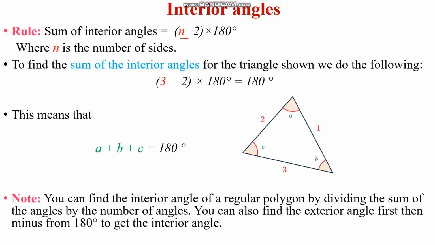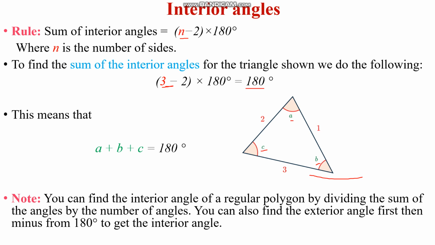In this case, we are given a triangle as a random polygon, and if you want to find the sum of its interior angles, which are A, B, and C, using the formula, you substitute 3 for n, and then you do (3 minus 2) times 180, and you will get 180 degrees. Which means that the total sum of interior angles of a triangle is 180 degrees.